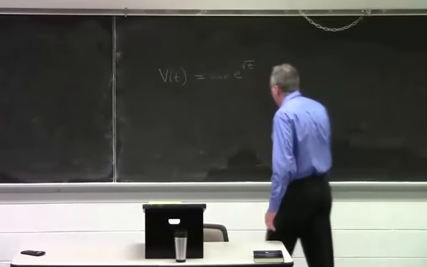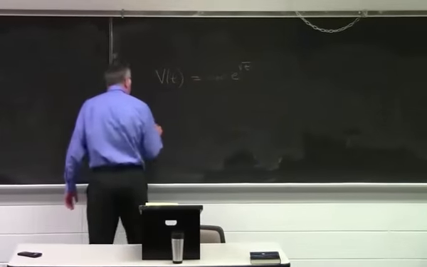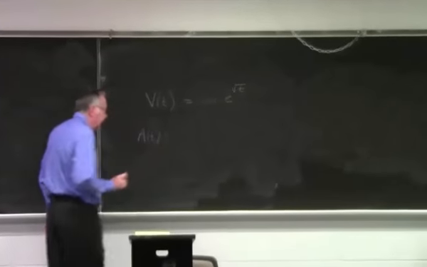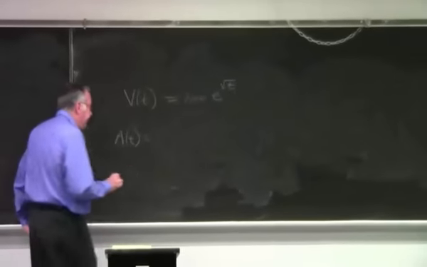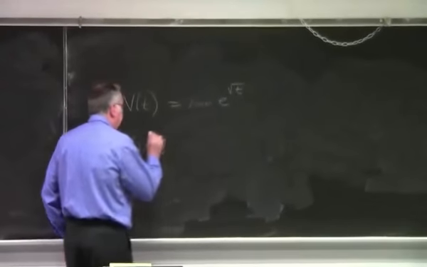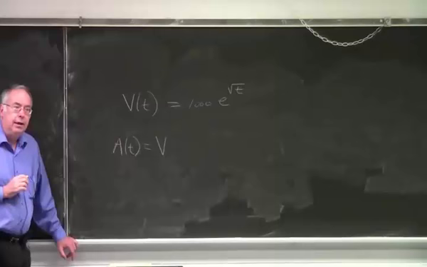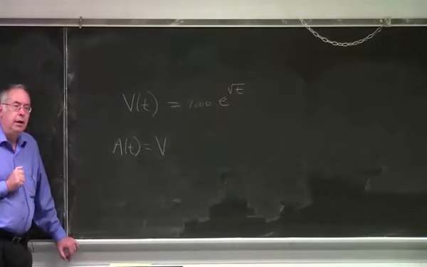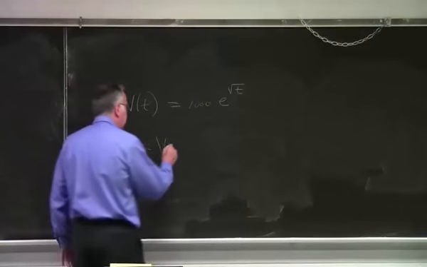The present value, let's call it A of t, is equal to V times what? E to the negative RT. Yes, e to the minus RT.